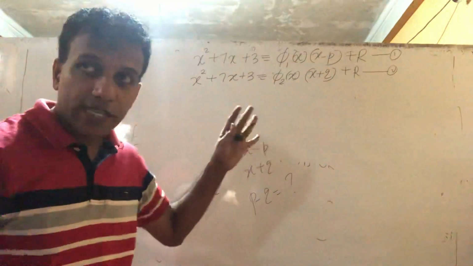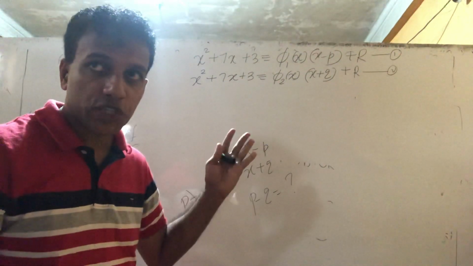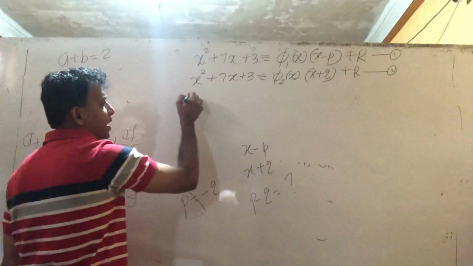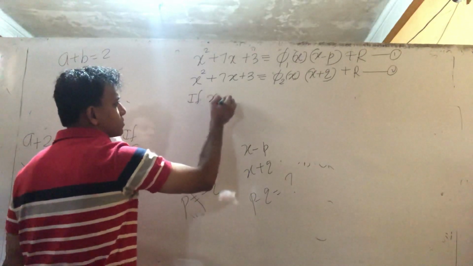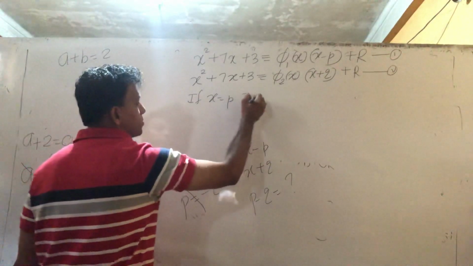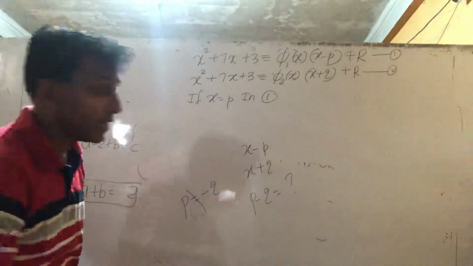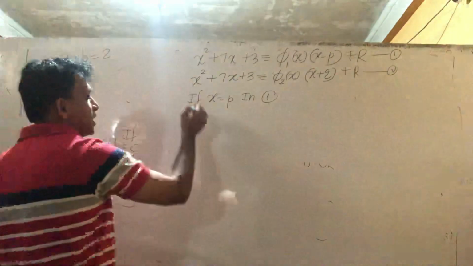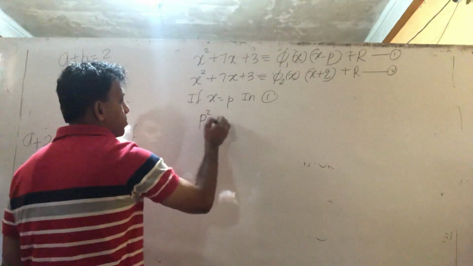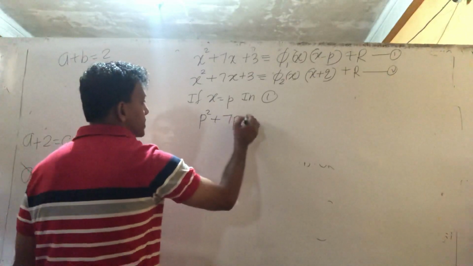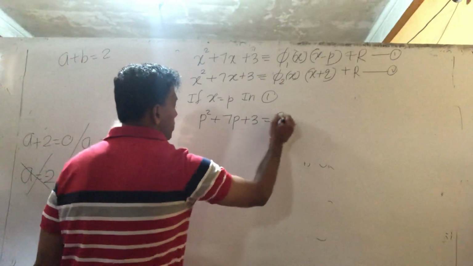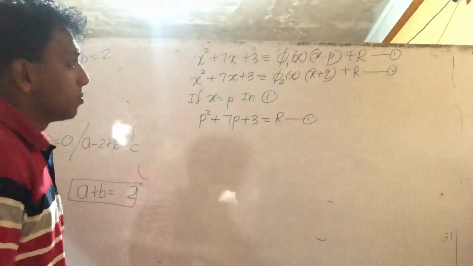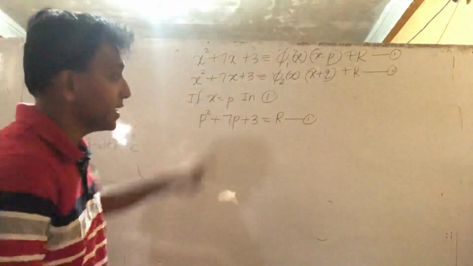Now make that quotient part 0, eliminate it. Put x equal to p in equation 1. What happened? p square plus 7p plus 3 equal r. Say first equation. Put x equal to minus q in the second equation.